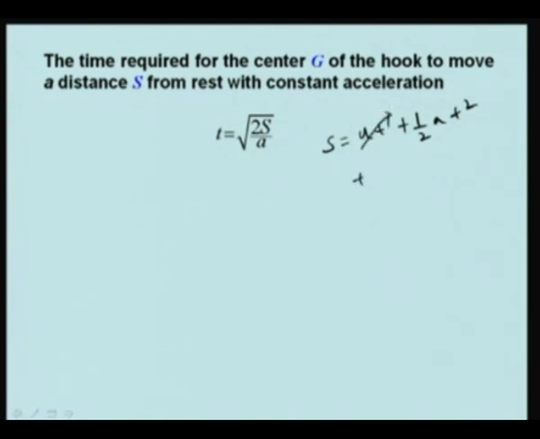So t is equal to under root 2s by a. Once we have found linear acceleration, be it in pure rolling motion or in rolling cum sliding motion, we can always find the time, and we can solve this problem.